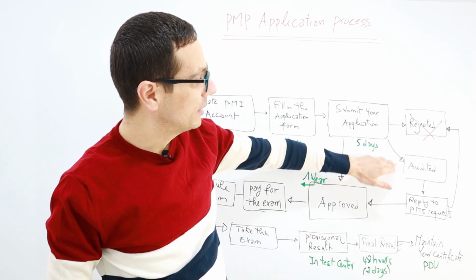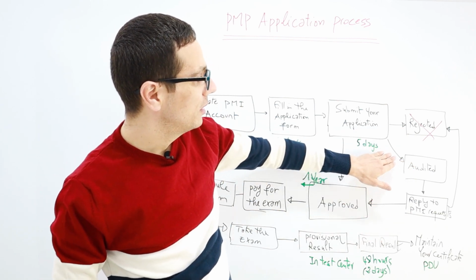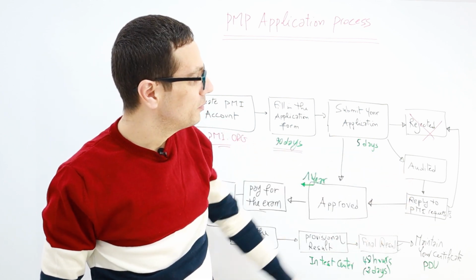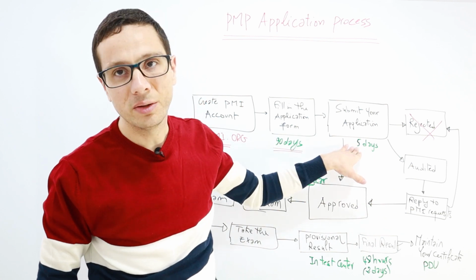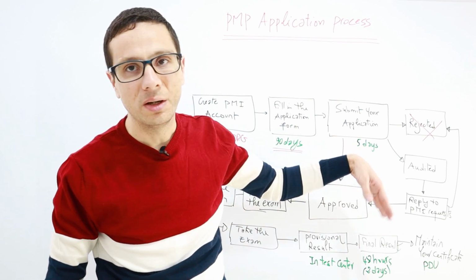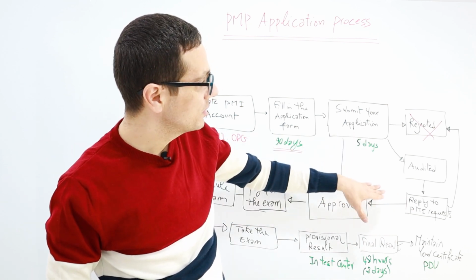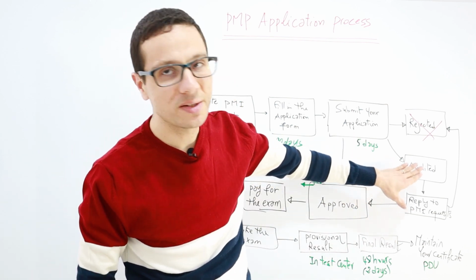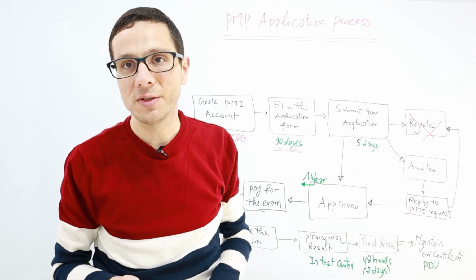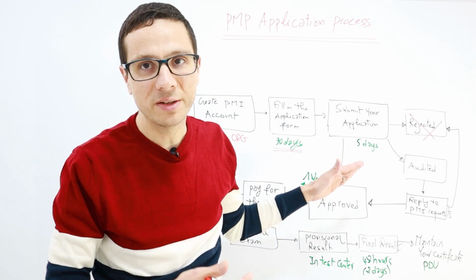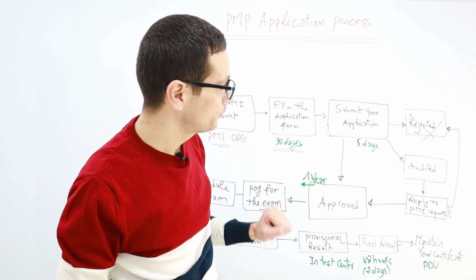The other alternative is that you get an audit. You get an email from PMI either at the end of the 5 days or just after a few hours or a few days from submitting your application, and PMI will ask you for references and for justifications for all the stuff that you mentioned in your application.